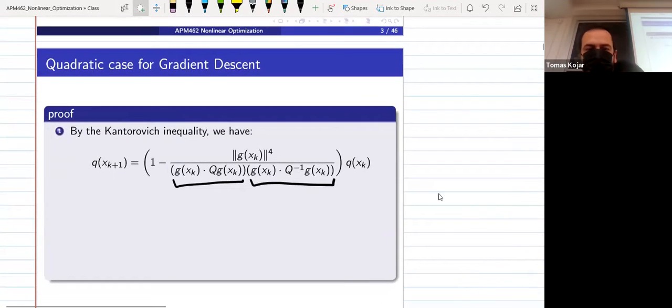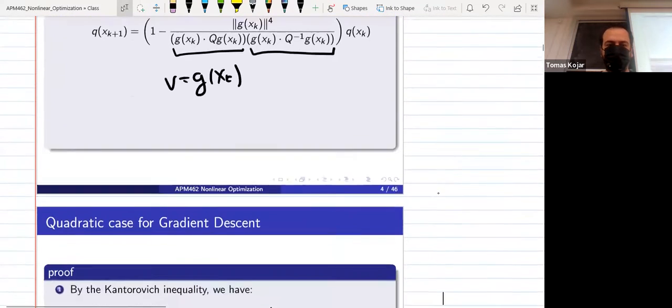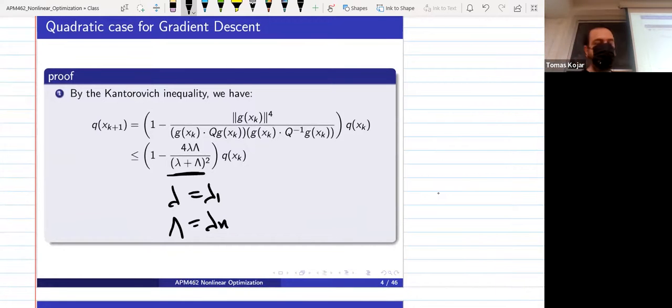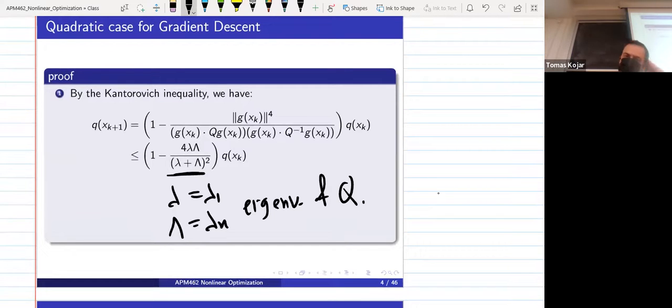All right. So yeah, V will be G x_k. So you apply it for this V, and you get a bound in terms of eigenvalues of Q. Okay, so again, lambda is lambda 1, capital lambda is lambda n, smallest and largest eigenvalue of Q. All right.